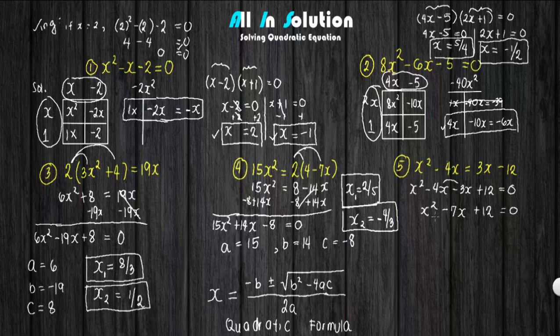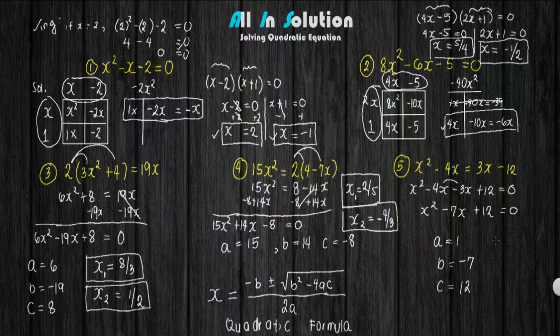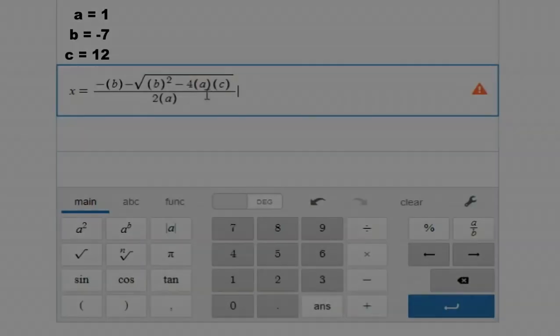Now let's identify the leading coefficients, the A, B, C. We have our A, 1. Yung B naman natin ay negative 7. At yung C ay positive 12. Now let's have here in our calculator.